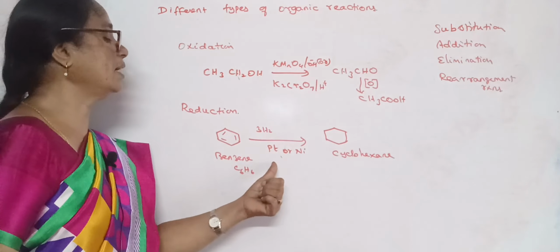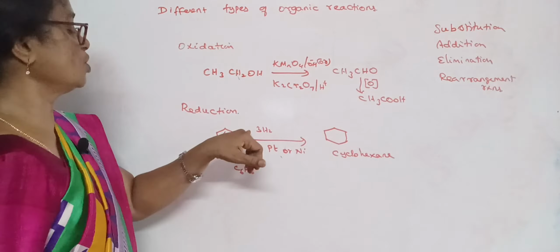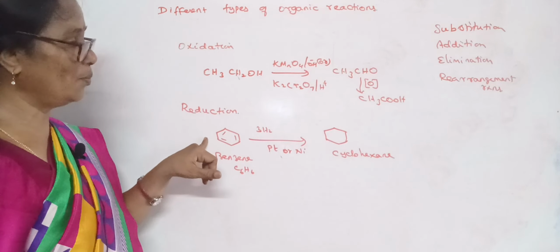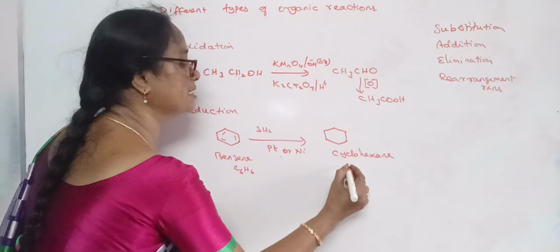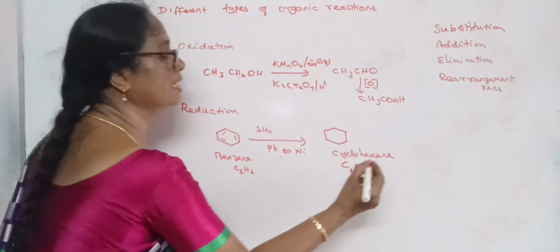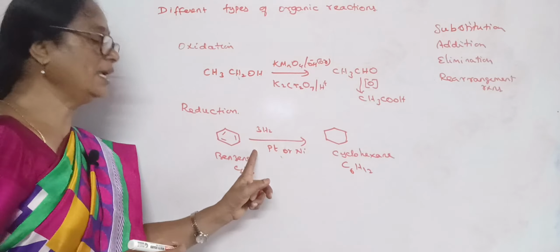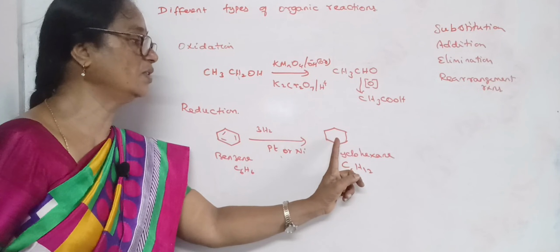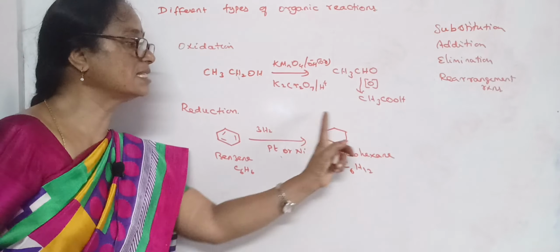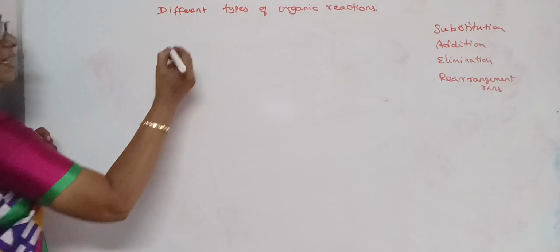That's why we are taking the metallic catalyst. The 3 hydrogens add with the benzene ring, and it is converted into cyclohexane, where C6H6 is converted into C6H12. So during the reduction, the 3 pi bonds get converted into single bonds only.